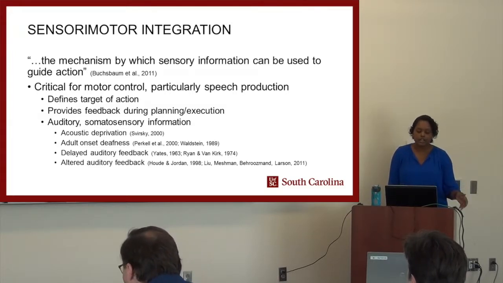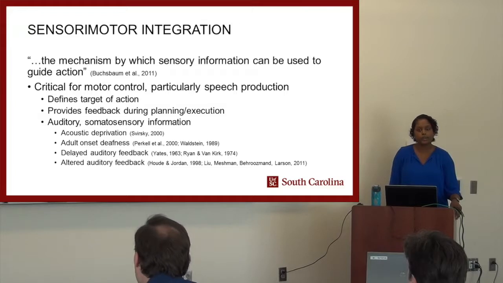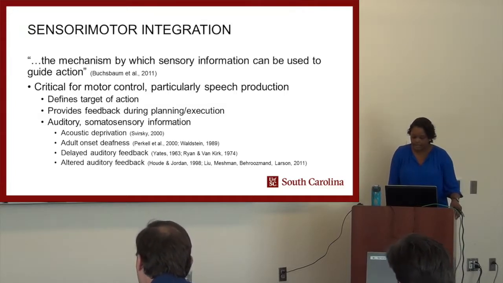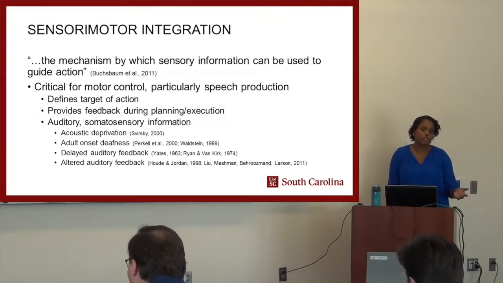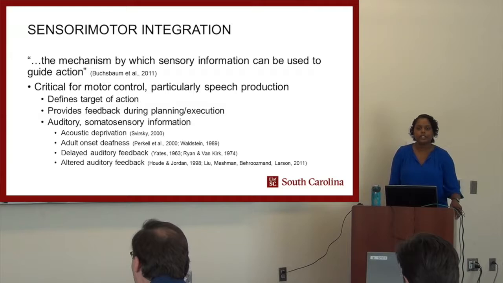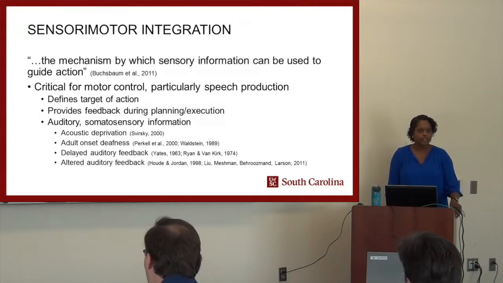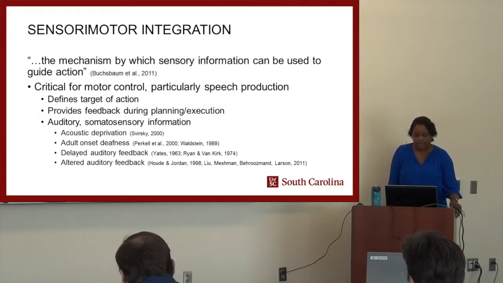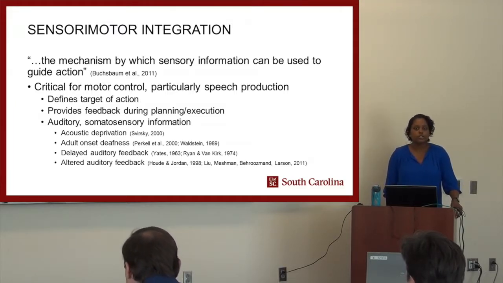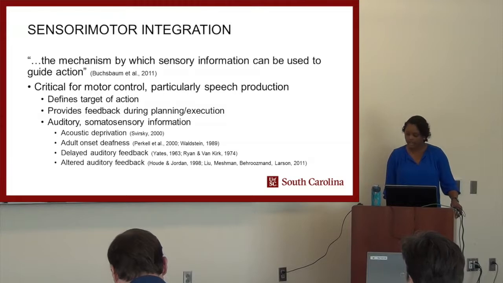When prelingual children are deprived of acoustic information, speech and language may not develop normally. And also when adults are deafened later in life, we see maintenance of intelligibility, but we often see declines in articulatory precision, management of loudness, as well as phonetic contrasts. And then with delayed auditory feedback, this has been examined in both normal controls as well as people who stutter.